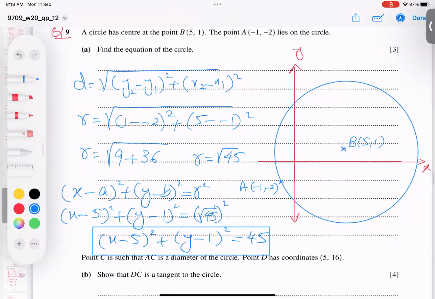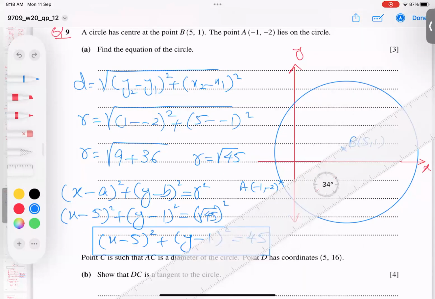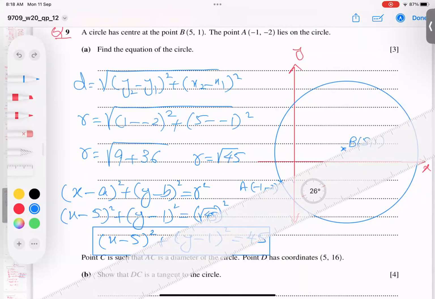The next part says C is a point such that AC is a diameter of the circle. D is this coordinate. First of all, A is given here and B is here, so 100% C is here. How do I know? Look, I'm going to show you.